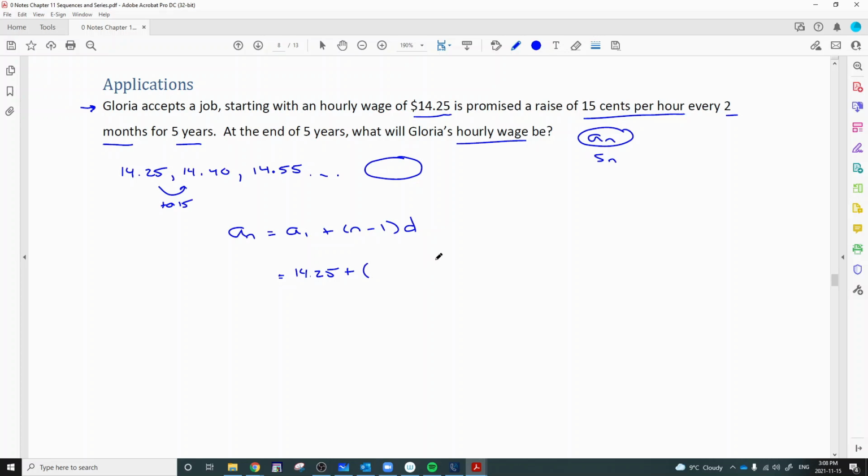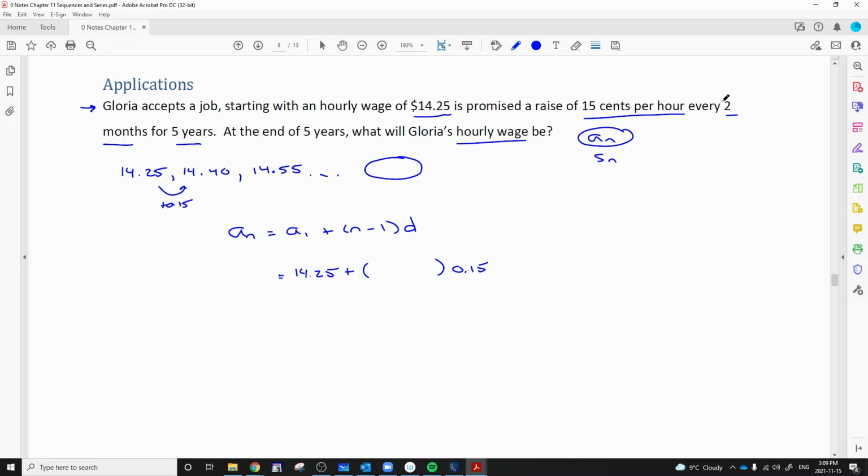We want to add her raises. She's getting a raise of 15 cents, so 15 cents is her common difference. Our question is, how many raises is she going to get? She's making $14.25 when she starts, then she's getting a 15-cent raise every hour.